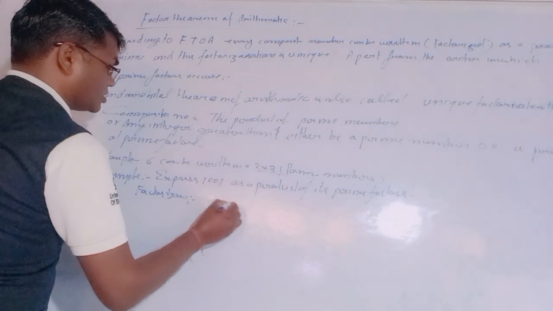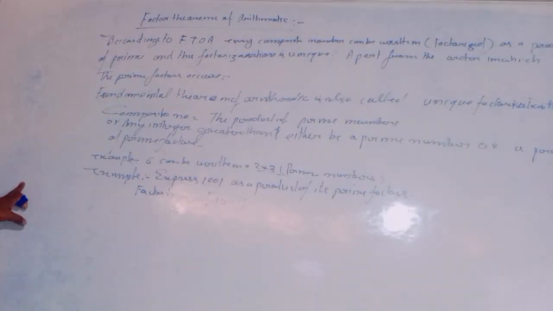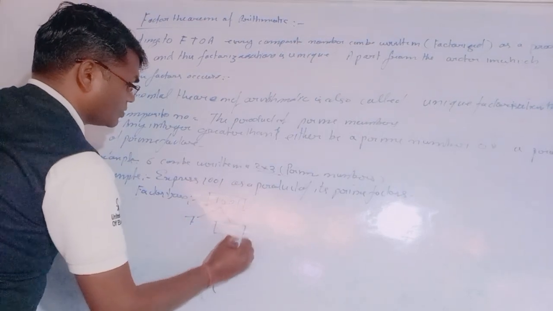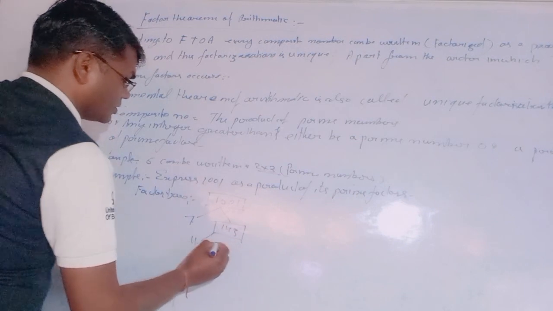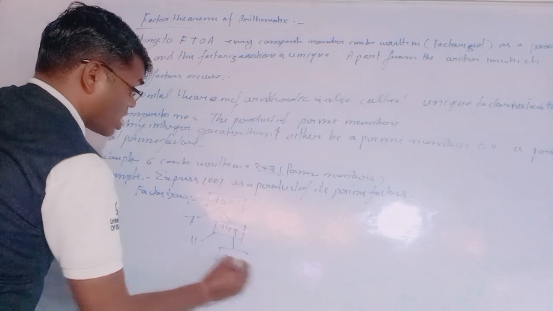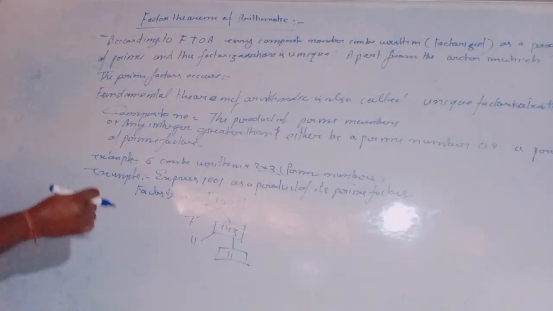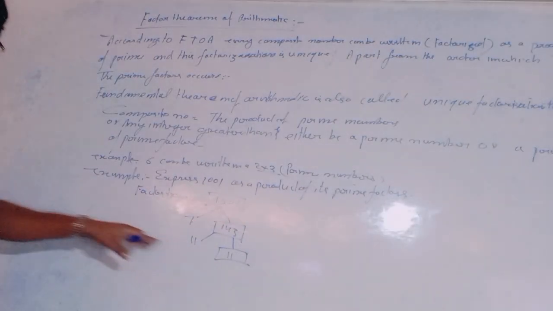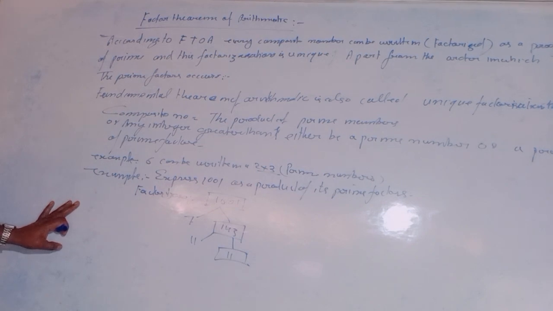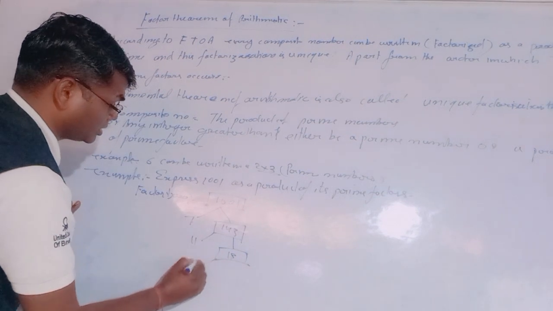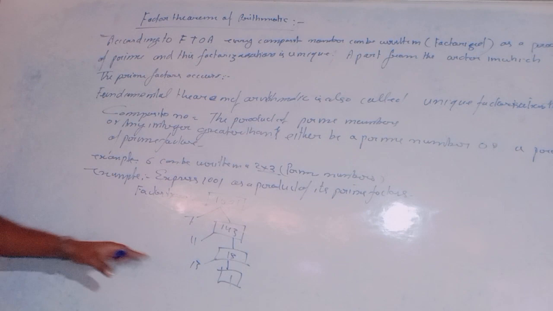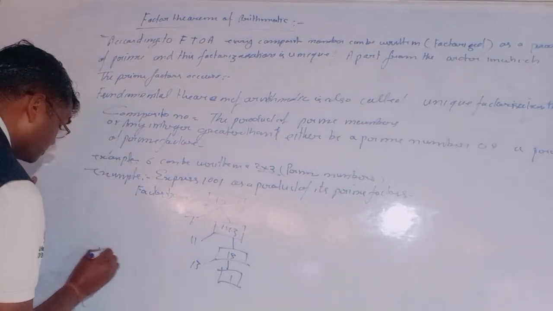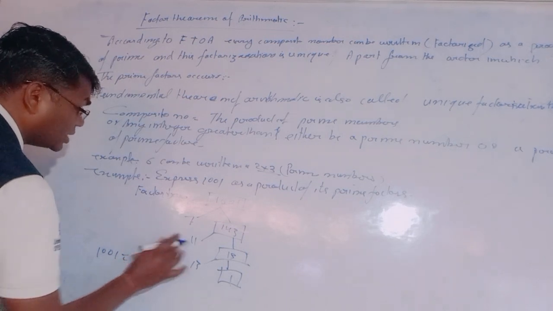In the factor tree we take 1001 first. We divide it by 7 and get 143. Then 143 divided by 11 gives 13, and 13 divided by 13 gives 1. So 1001 is equal to 7 into 11 into 13.